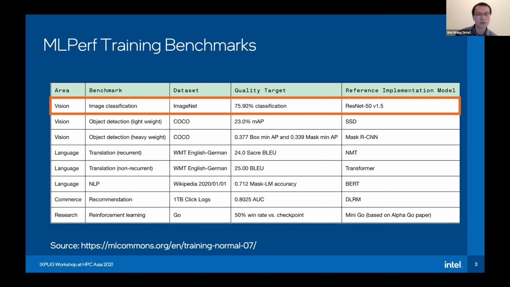Today we'll be focusing on computer vision, the very popular image classification task, using ResNet50 v1.5, tested on the well-known ImageNet dataset with an accuracy target of 75.9%.